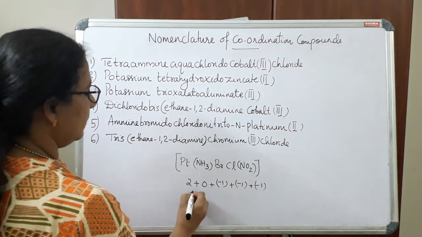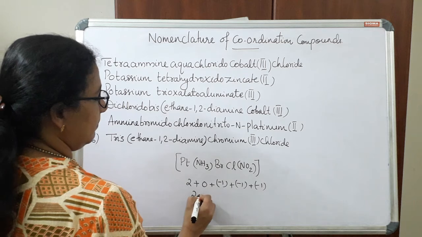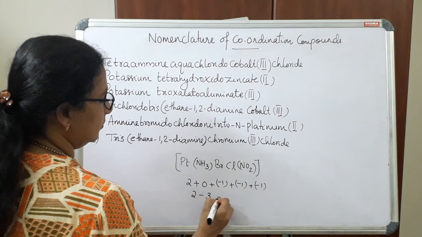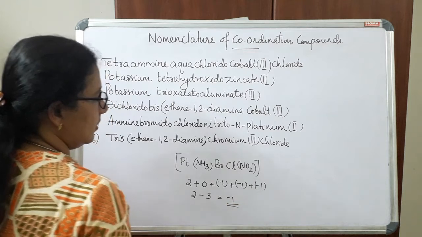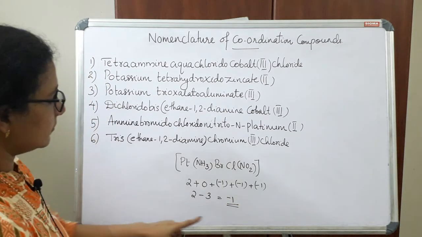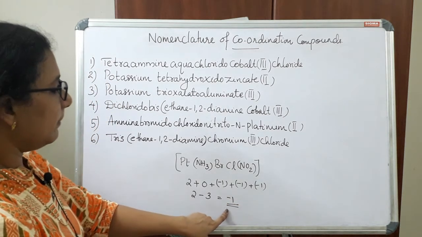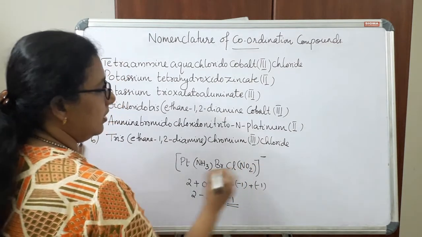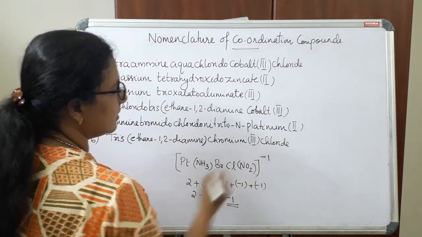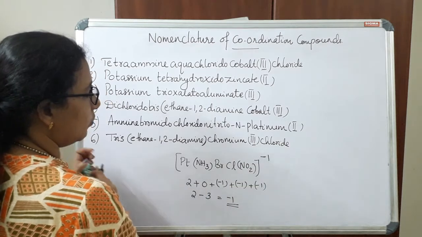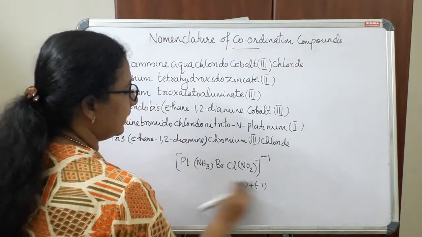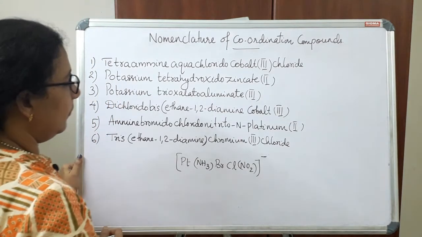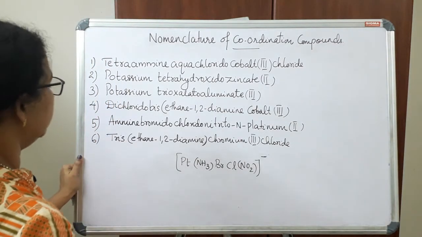So it will be 2 minus 3, that is equal to minus 1. So it is having a minus charge. So this is an anionic part, and this is having a charge of minus 1. So we can write minus 1 or simply minus also. So this is the formula of the fifth compound.